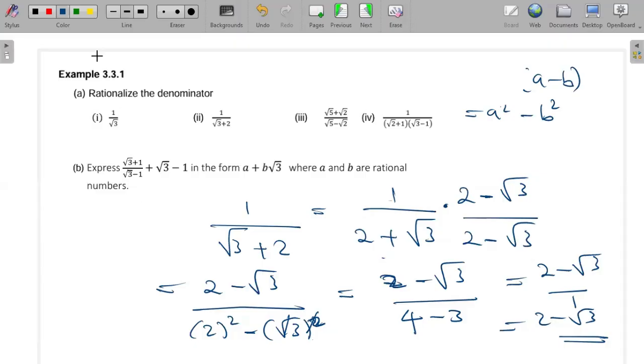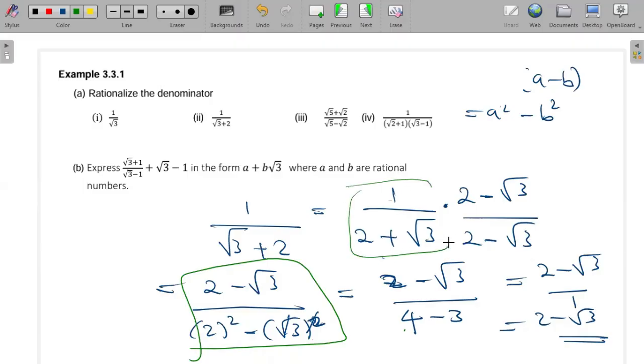Oh, you're saying this part, right? Are you talking about this part? Not really, the other one. This one? No, the next part. This one?